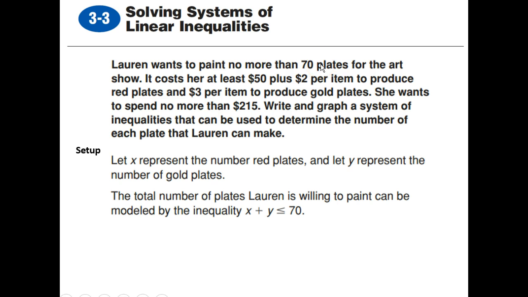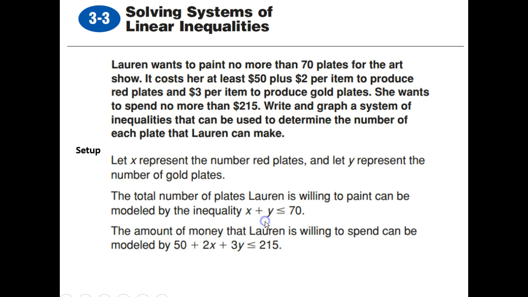All I've done is taken that first equation. The second equation says it costs her at least $50 plus 2 per item to produce red plates. So the red plate cost is going to be 50 plus 2x, x would be the number of red plates, and $3 per gold plate. Y would be the gold plate.